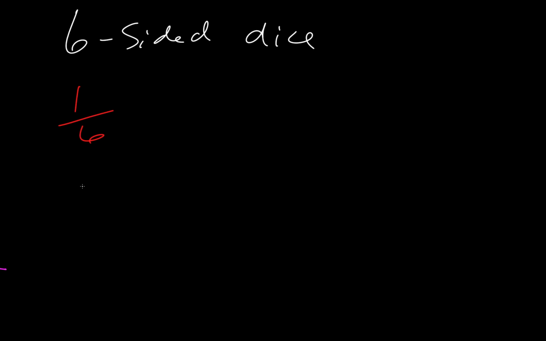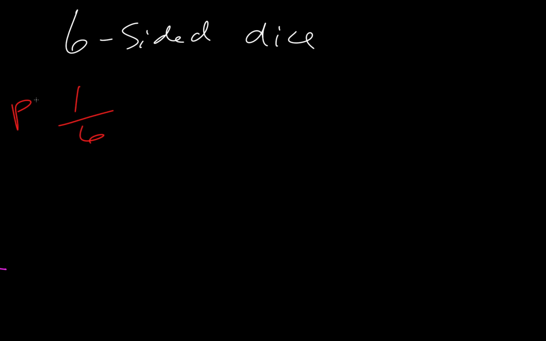It says an ordinary 6-sided die is rolled once. Determine the chance of getting, so we have a 6-sided die, and we want to know the probability of getting a 6. Well, there is one way to roll a 6 out of a total of 6 outcomes.